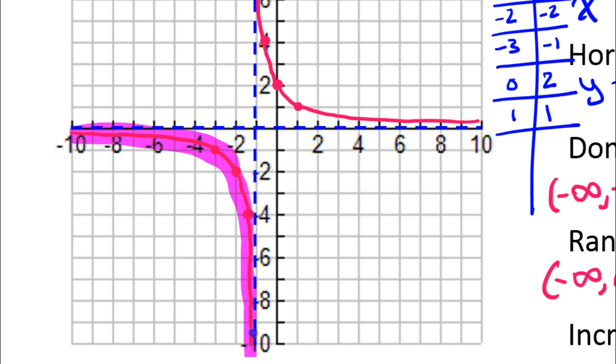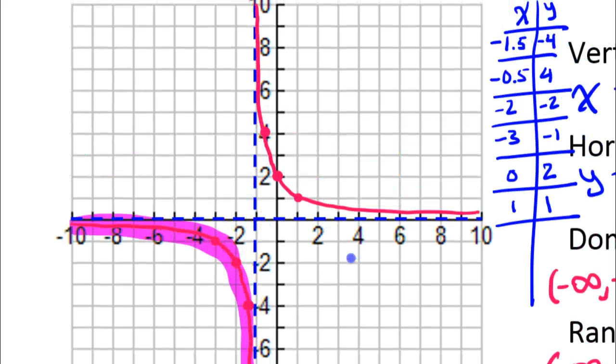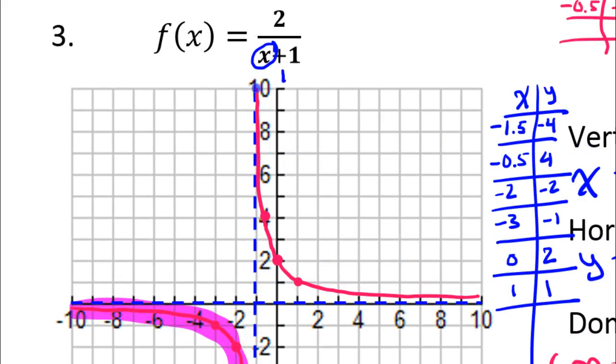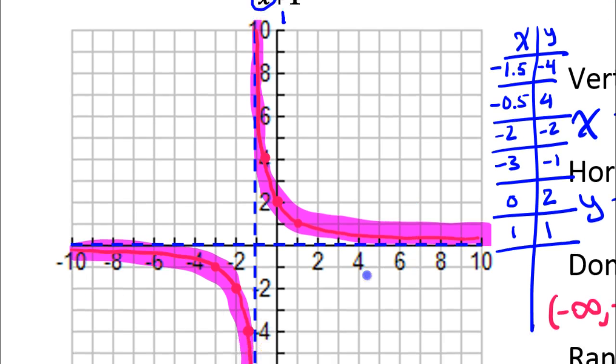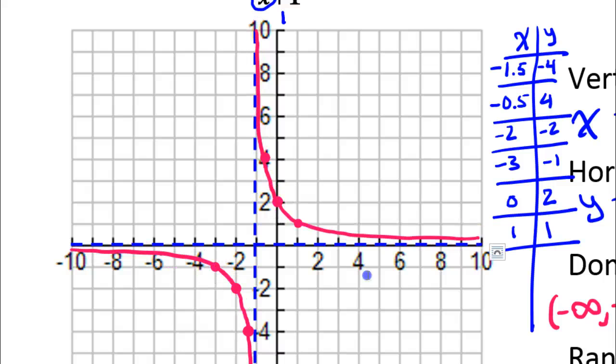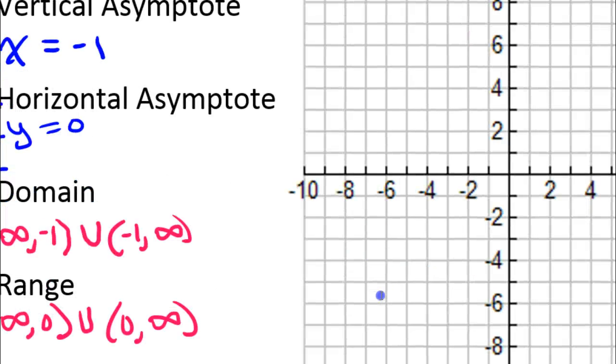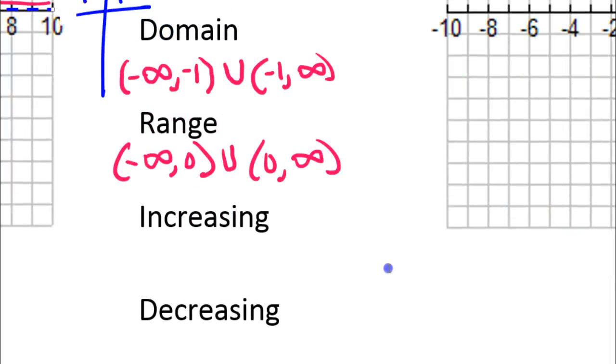So that is decreasing. But then this part of the graph over here, I have to pick up on this side, and again, I'm going from left to right, I'm going down, down, down, down, down. So we were actually decreasing the entire time. Okay, so the entire domain is decreasing.